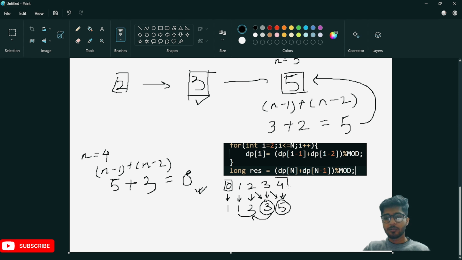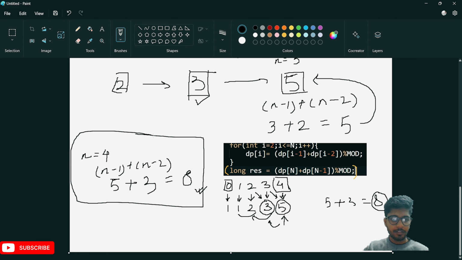Thus, to get the number of ways of constructing buildings when n equals 4, we have to add up the present value with the previous value. That is what we have done in this variable, where we are storing the addition of the last two indexes. So 5 plus 3 is 8, and that is the number of possible ways we calculated previously. When n equals 4, we will get 8 on each side.